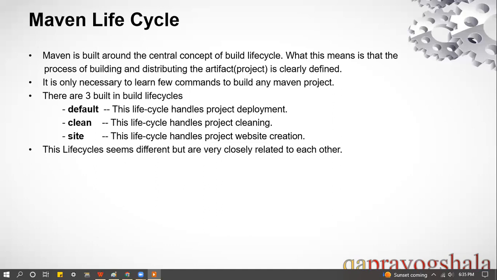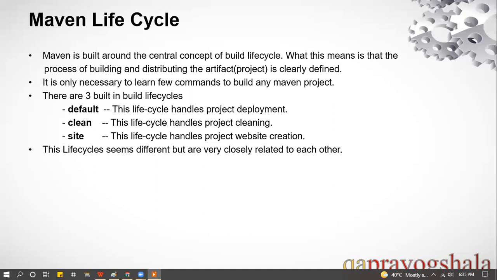There is one Maven command called mvn clean. What this command will do is delete the target folder. In the next episode we'll see that part in more detail. For now, you can understand that the clean life cycle is used to clean the previous build, to remove the previous build files.